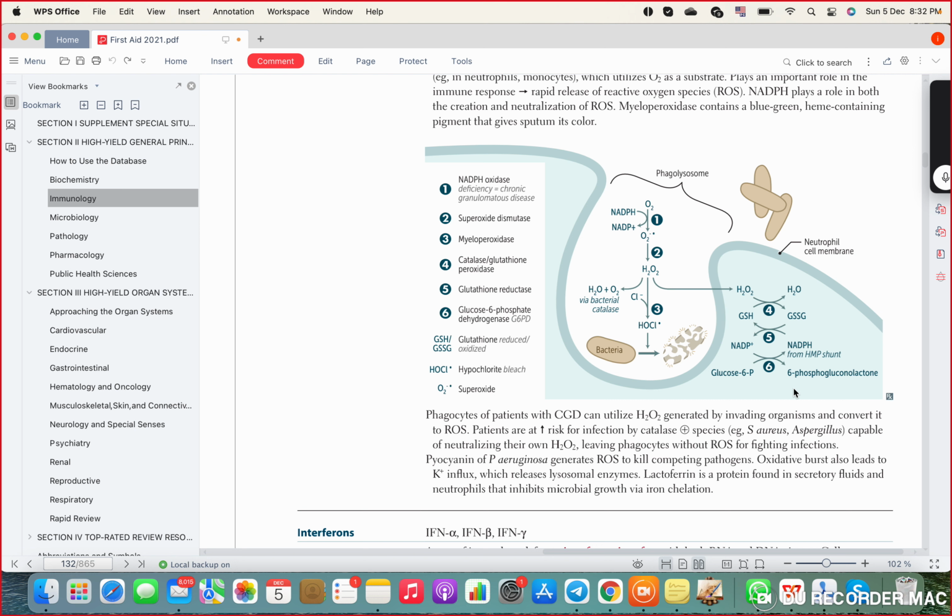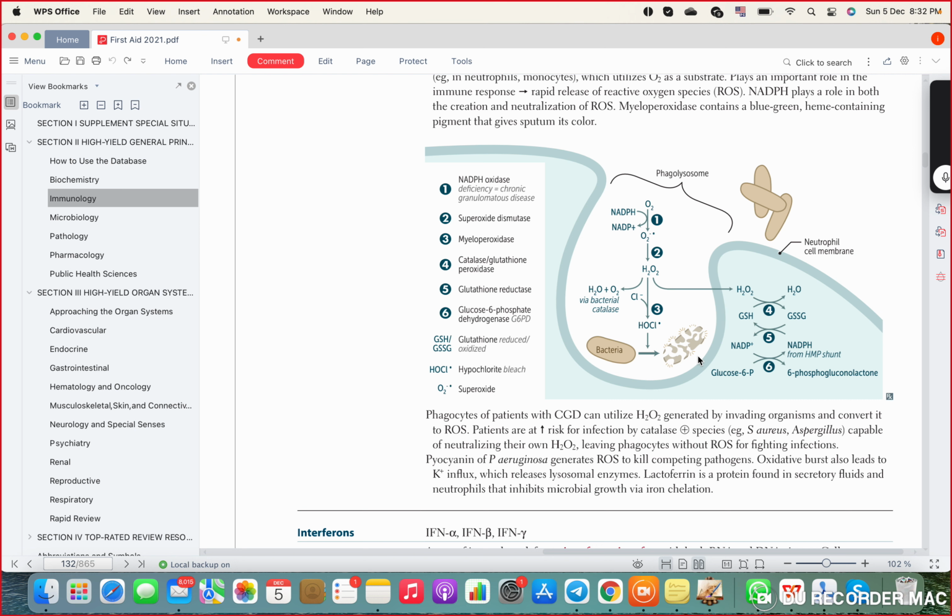And which food? Fava beans. Okay, and which country is famous for fava beans and G6PD deficiency? African American? No, Egypt. Egypt, okay. Good. So moving on, we have these free radicals created from the bleach that basically kill the microorganism.